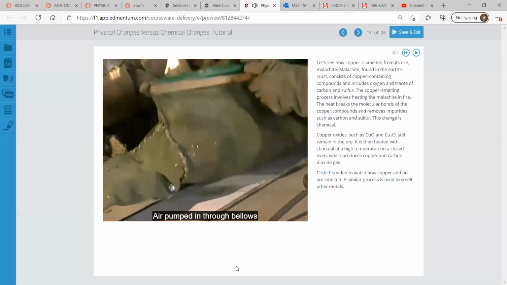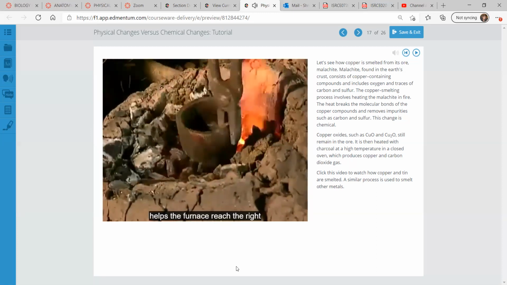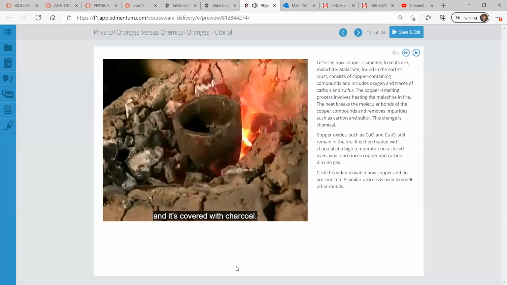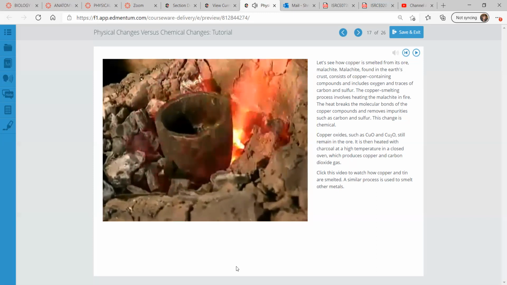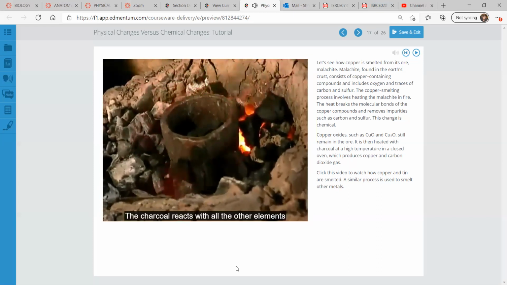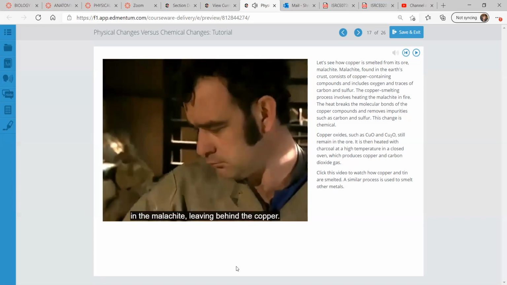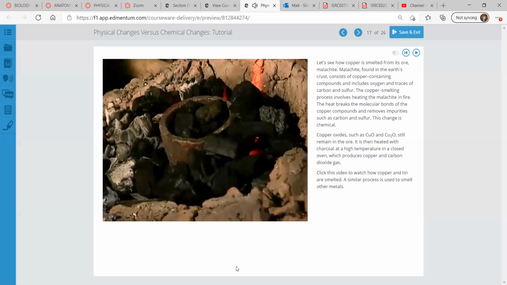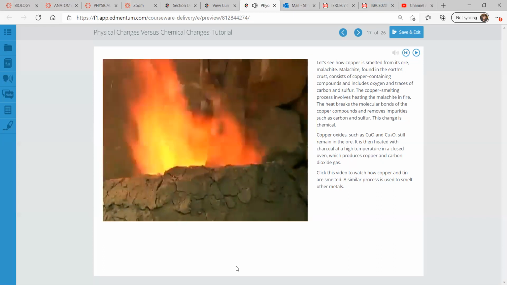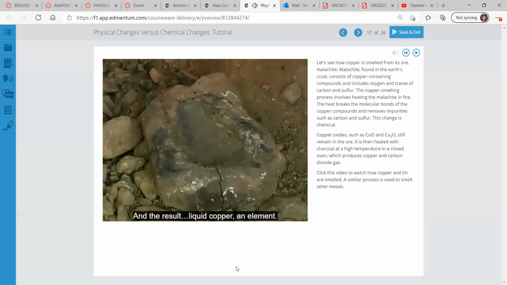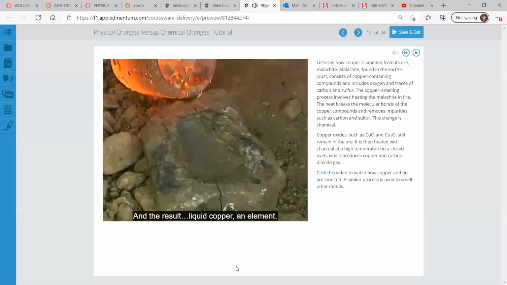Air pumped in through bellows helps the furnace reach the right temperature. Then, in goes the crucible, and it's covered with charcoal. The charcoal reacts with all the other elements in the malachite, leaving behind the copper. And the result, liquid copper, an element.